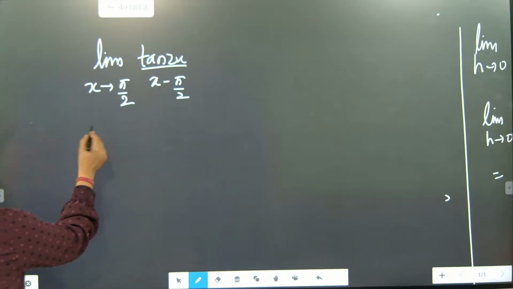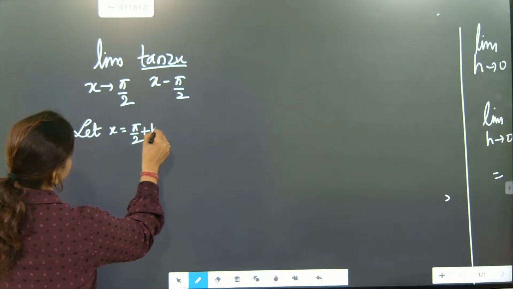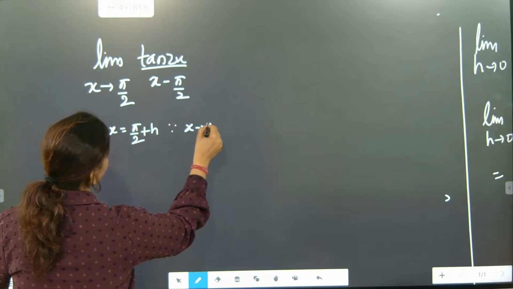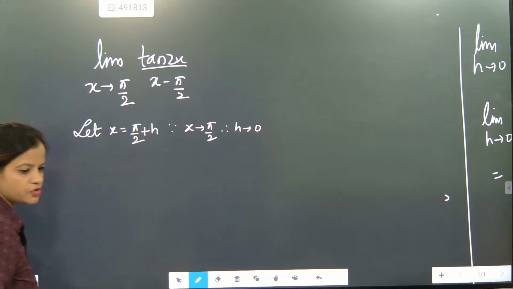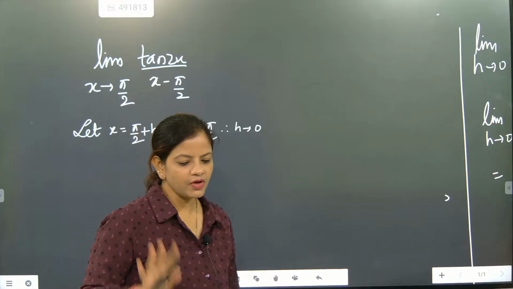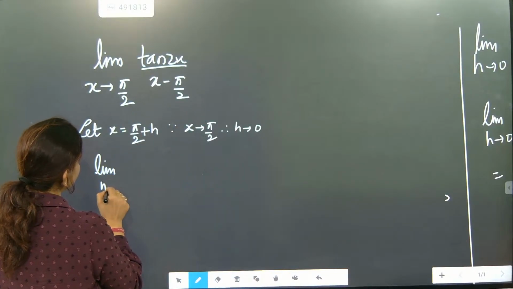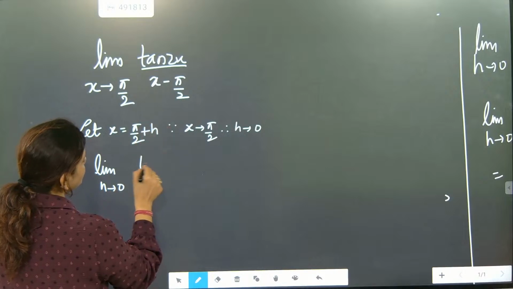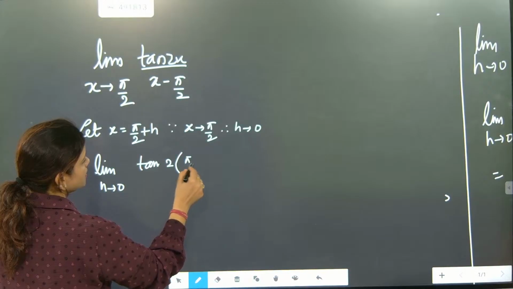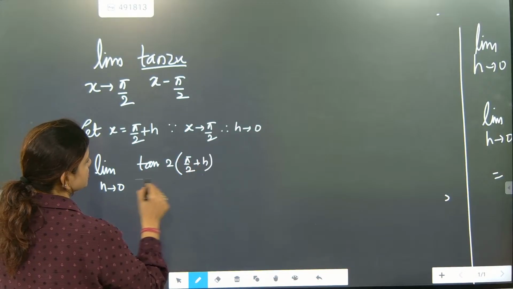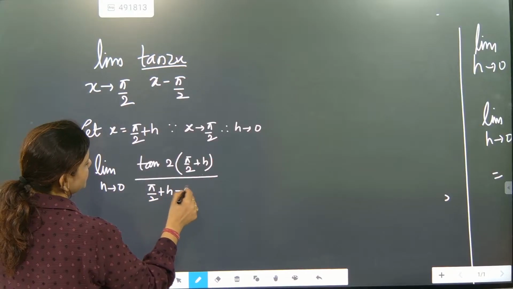Note here and there, you need to write that x is equal to pi by 2 plus h. Since x tends to pi by 2, therefore h tends to 0. This part you have written. Once you have written this, limit h tends to 0, this part will become tan of 2 times pi by 2 plus h, by pi by 2 plus h minus pi by 2.